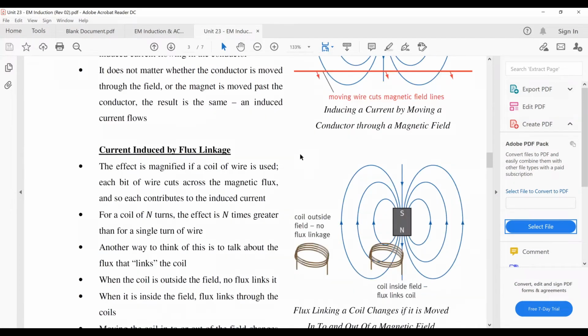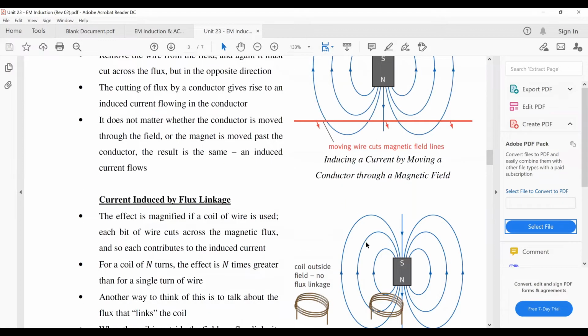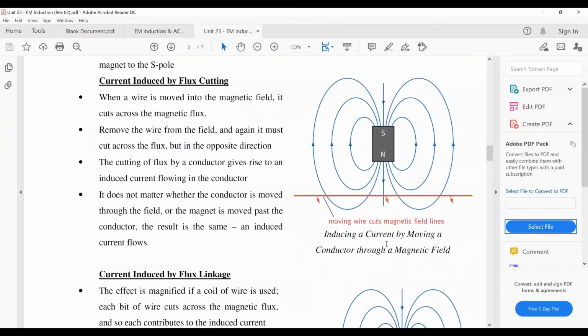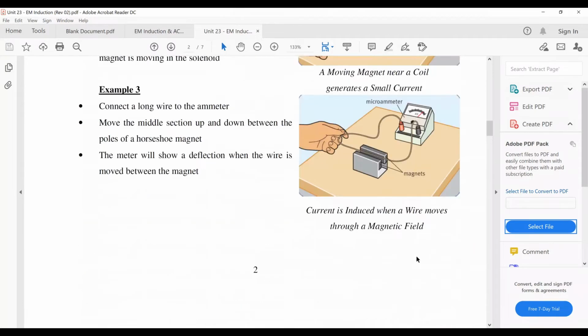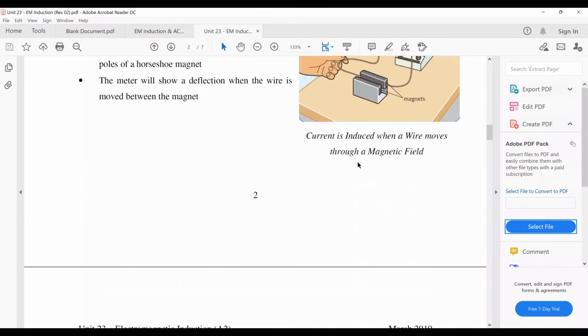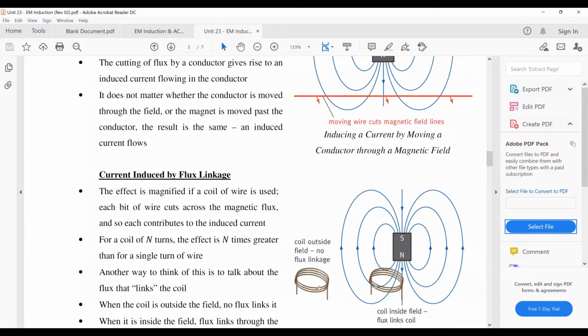Another way in which you can also get electricity in the form of voltage or current is if you have a change in flux linkage. Consider the case similar to the second example here. Just now my magnet was not anywhere near the coil, right? So when my magnet was not anywhere near the coil, there is no flux linkage through the coil.